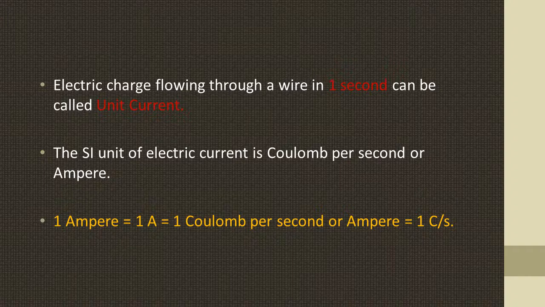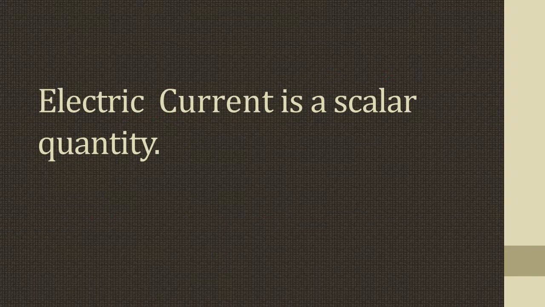The SI unit of electric current is coulomb per second or ampere, and 1 ampere, 1 A, is equal to 1 coulomb per second. And electric current is a scalar quantity. Scalar quantity means it has only magnitude.